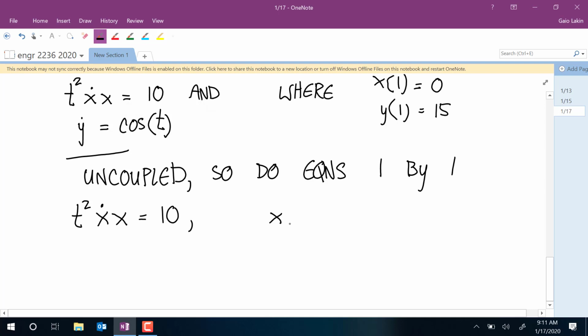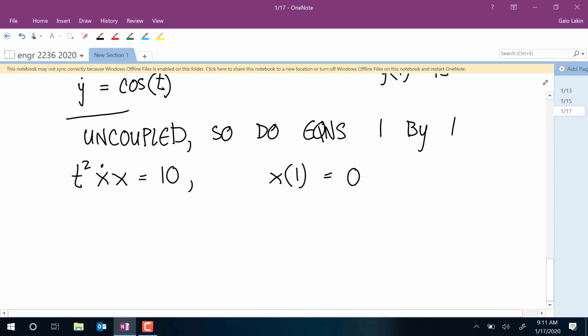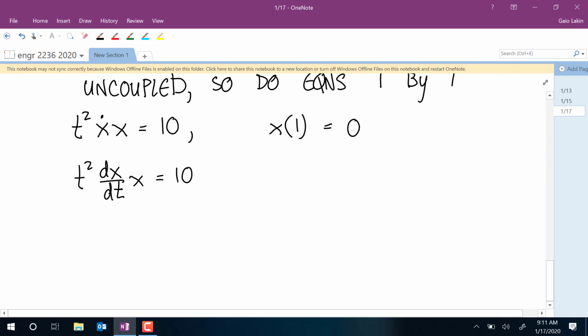And we know that when t is equal to 1, x is equal to 0. That's the boundary condition that matters for the x equation. And so I'm going to write this as t squared dx/dt x is equal to 10. And then I'm going to move all the t stuff to the right side, and we have x dx is equal to 10 t to the minus 2 dt, and integrate both of those.